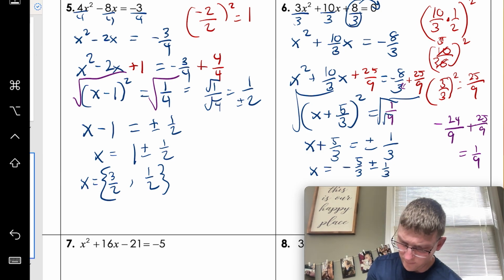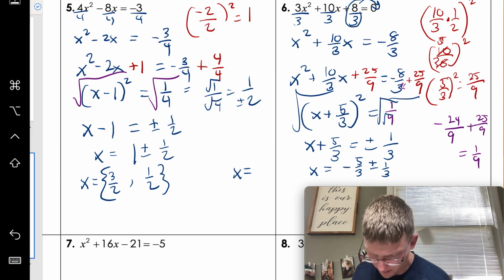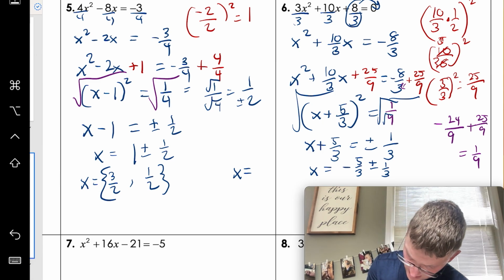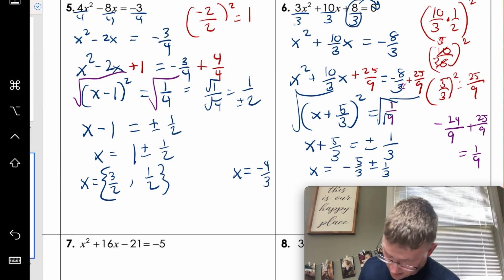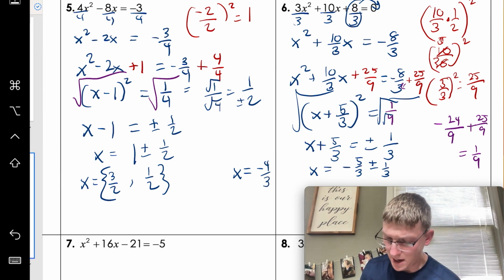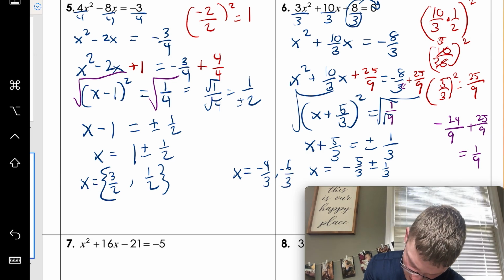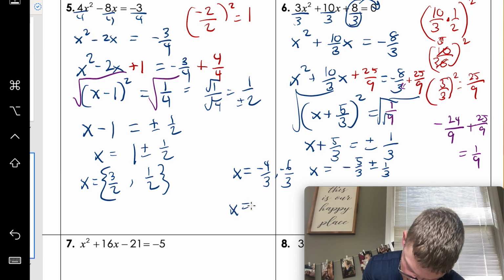So that means x equals negative 5/3 plus 1/3, which would be negative 4/3. Then we have negative 5/3 minus 1/3, which would be negative 6/3, which is also equal to negative 2. So we've got x equals negative 4/3, comma, negative 2.